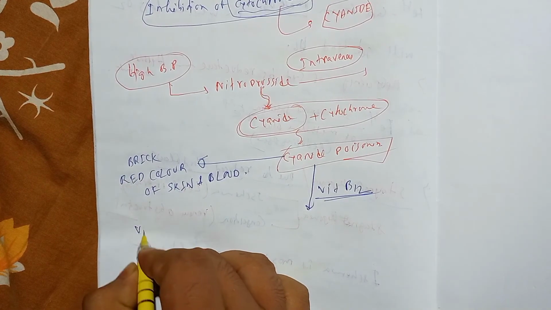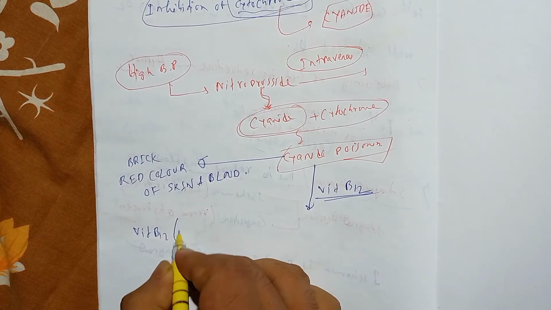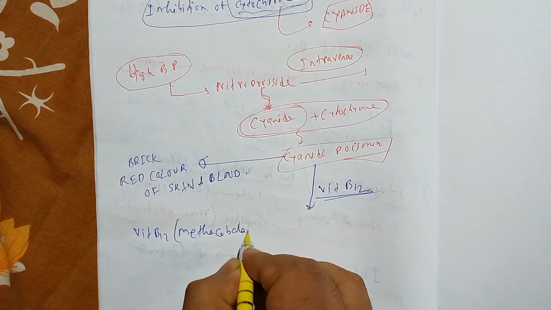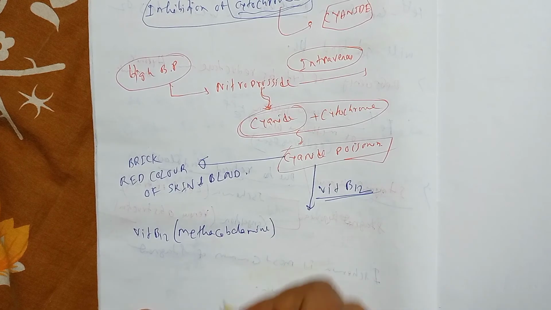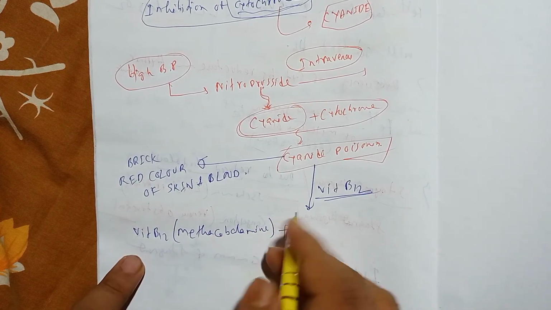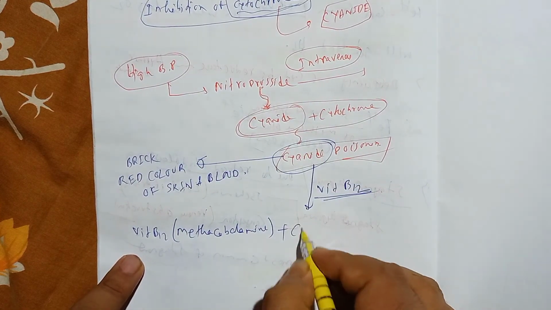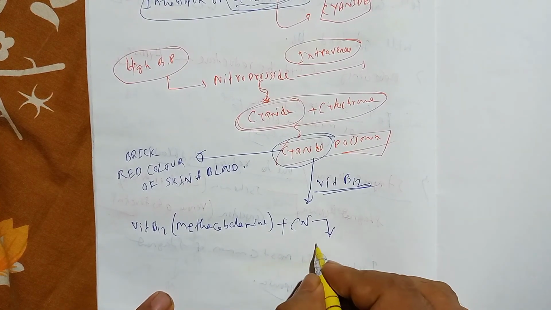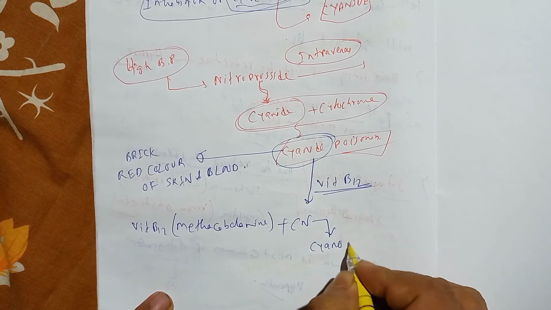We all know vitamin B12, or you can say by another name, methylcobalamin. Okay, guys. And whenever this methylcobalamin gets combined with the cyanide poison, CN, it will form cyanocobalamin.